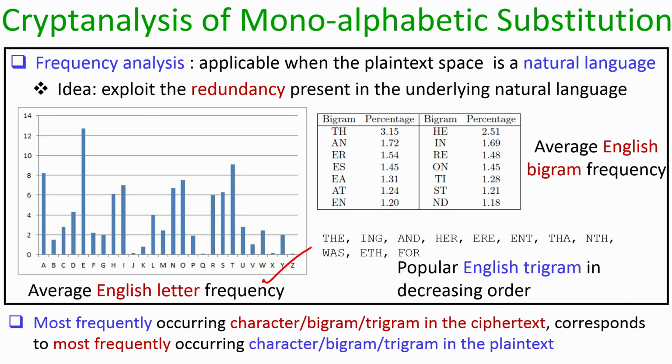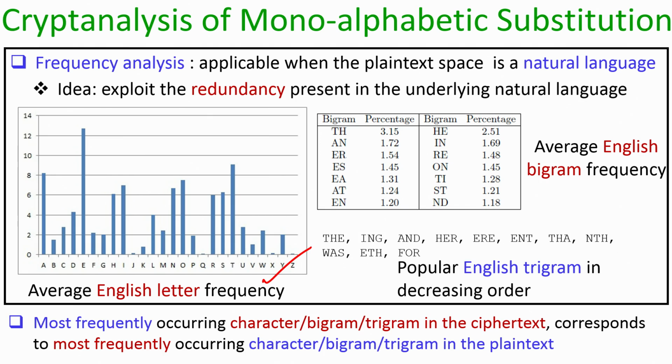So, for instance, imagine that after preparing this chart, the adversary finds out that the ciphertext character R occurs the maximum number of times. So, the adversary can think in his mind that the ciphertext character R corresponds to the plaintext character E, and so on.